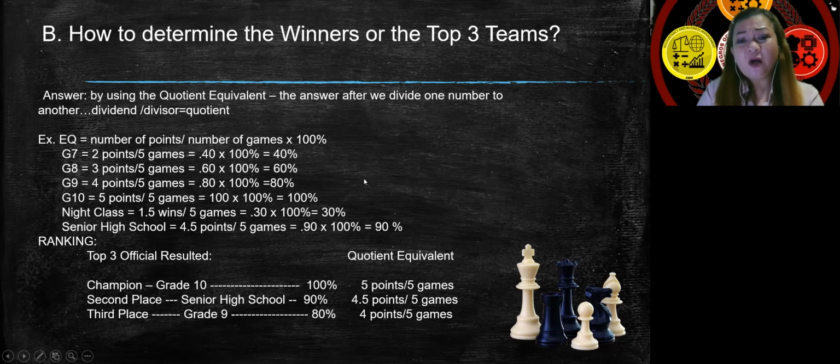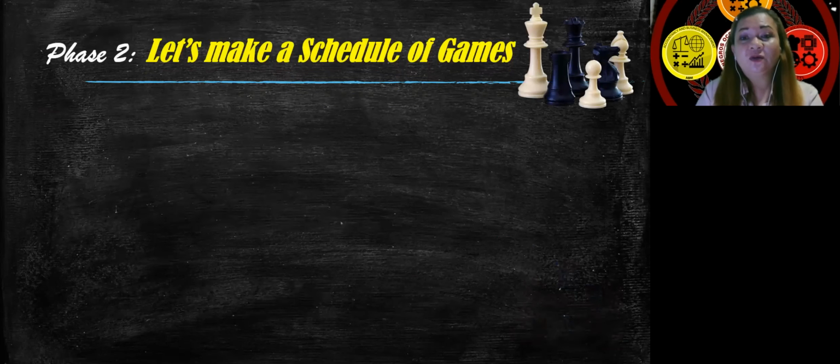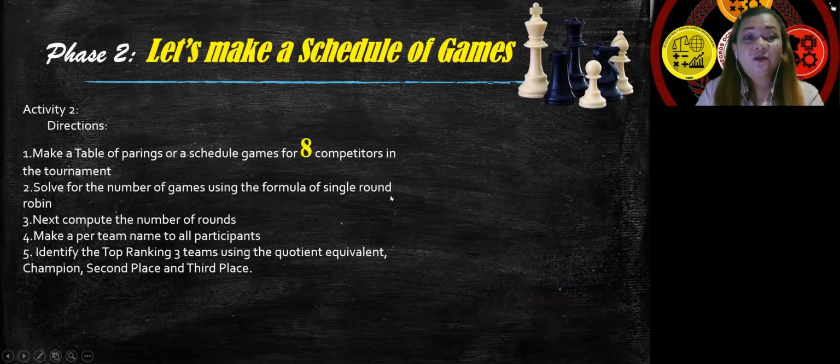I guess you are now ready to create your own tournament. So let us make a schedule of games. The direction is for you to make a table of pairing, a schedule of games for 8 competitors in the tournament.